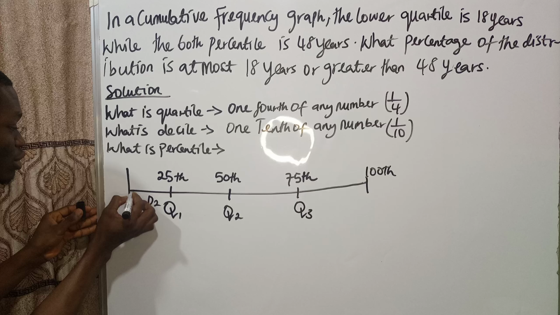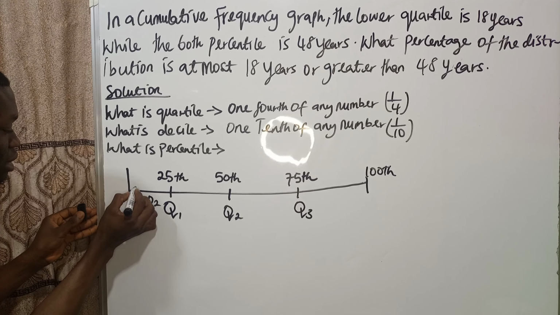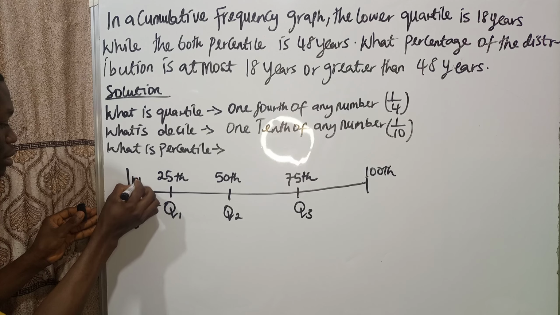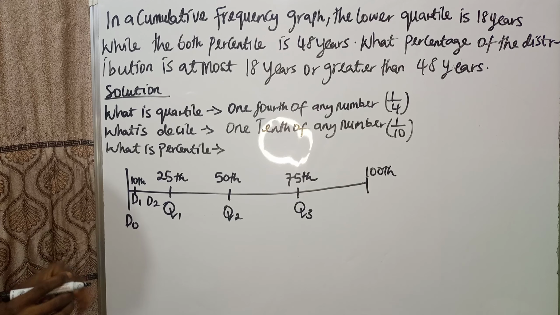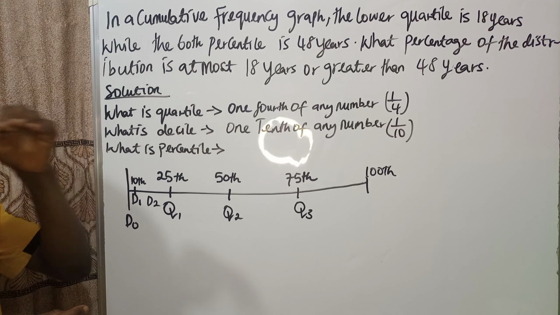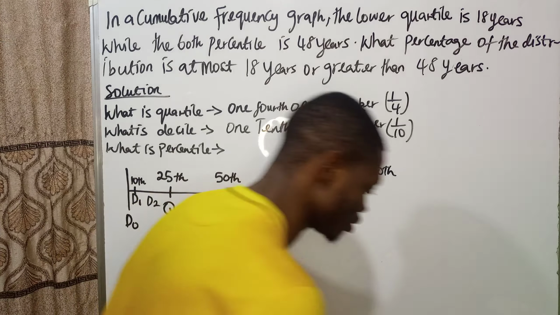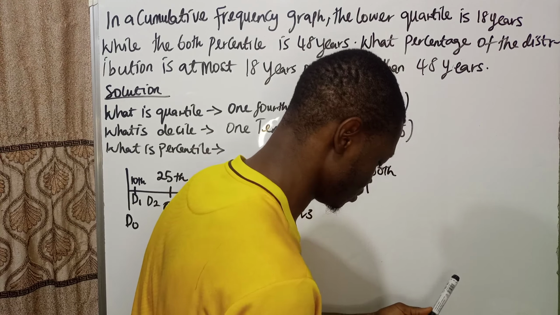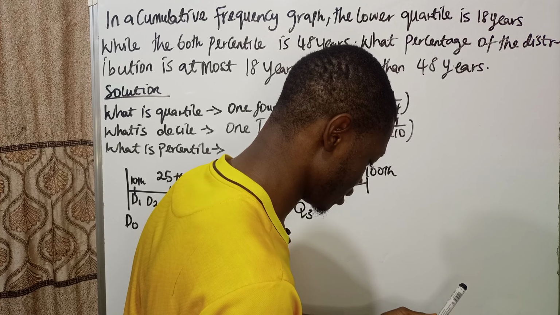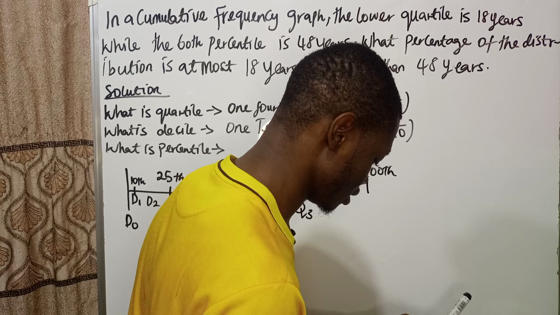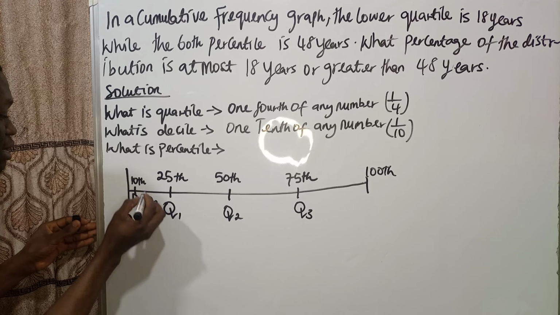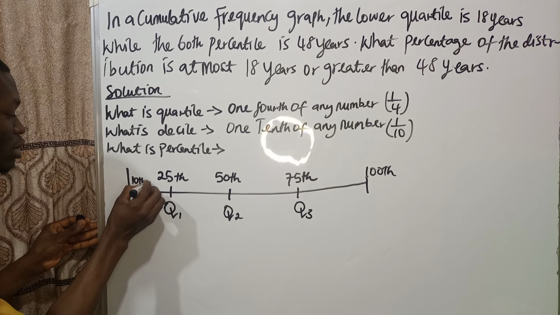So this is 0, this D1 is 10, because 10, 20, 30. It is 1/10 of 100, which is 10. If you like, you can press it in your calculator: 1 divided by 10 times 100 will give you 10. So D1 is 10, D2 is 20.